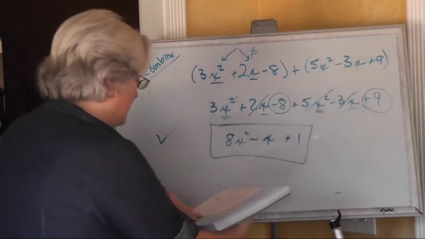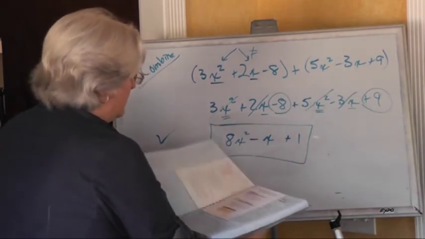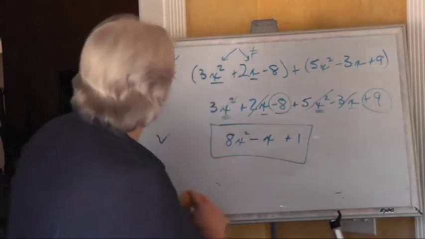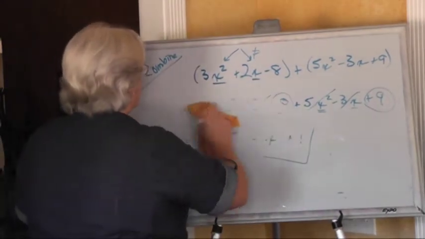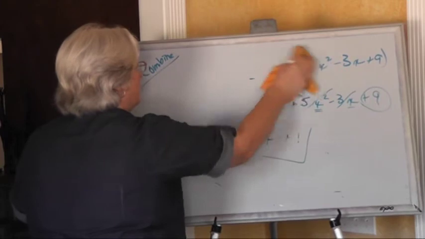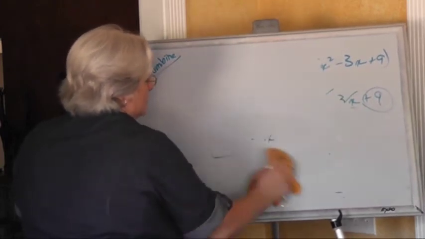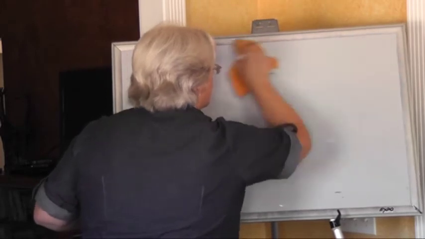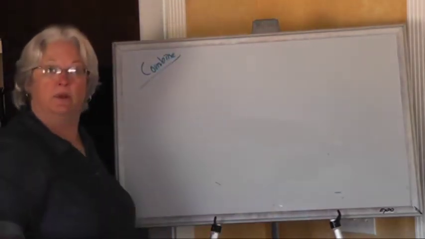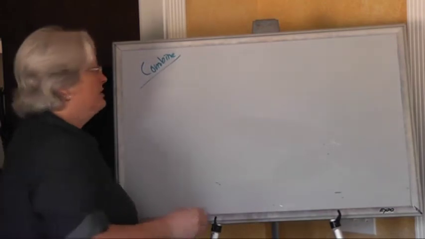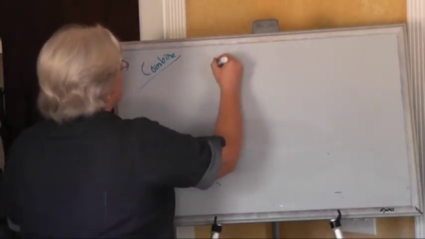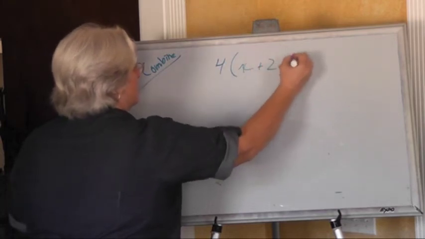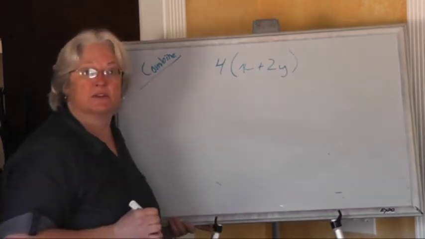Okay, the last one, I think, that I'm going to go ahead and do on this, the last example. Now this goes back to the distributive property. We reviewed this very briefly, but the technical title of it is the distributive property of addition over multiplication. And it tells you what you do when you have an expression that looks like this.